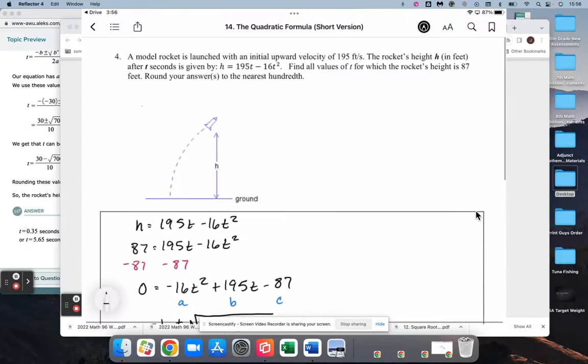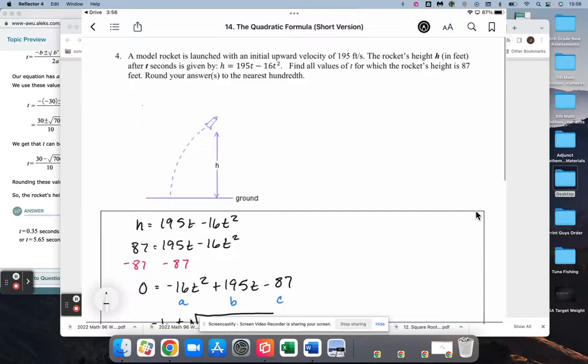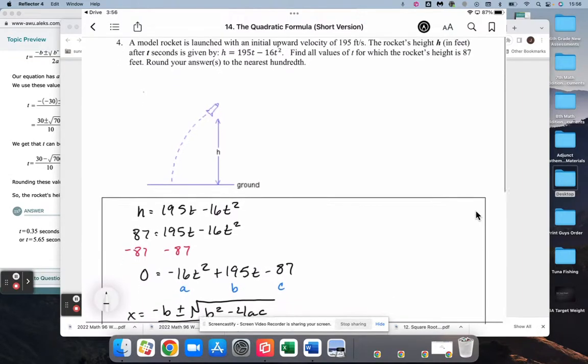Putting that in context, the values are feet and time in seconds.